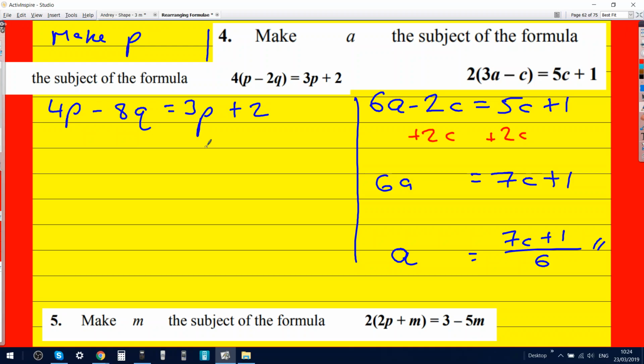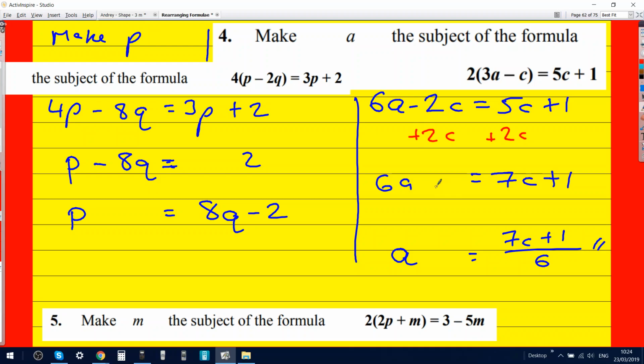Oh no, so take them away. So it would be p. Okay, so p equals 8q plus 2. You brought the 8q to this side? Yeah, and then minus 2.